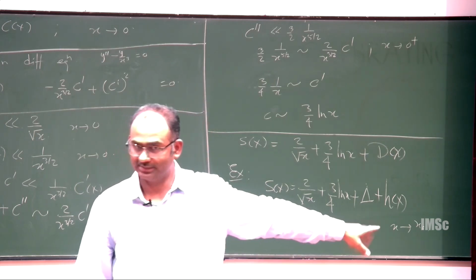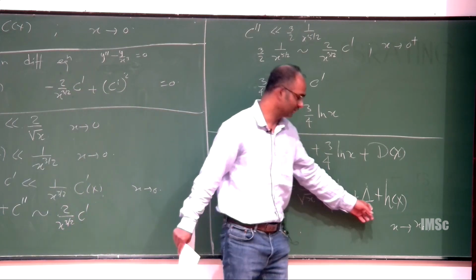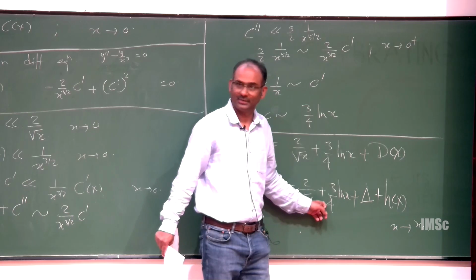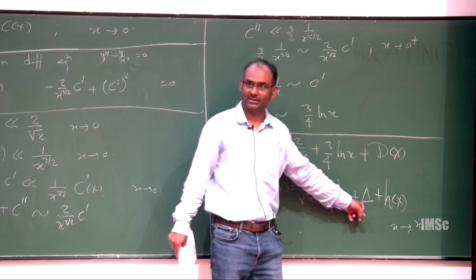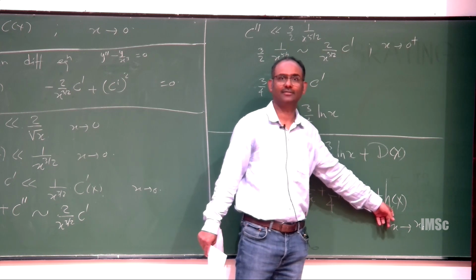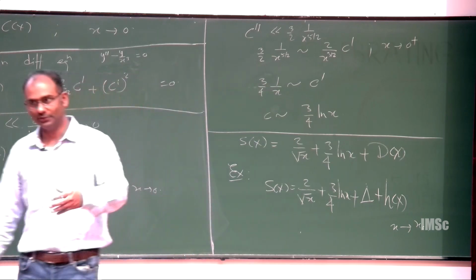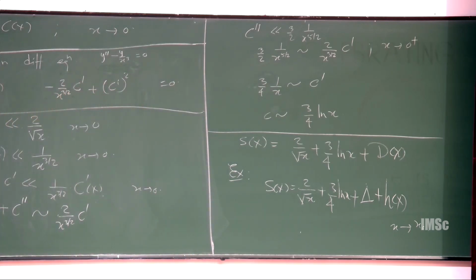Before h of x, all other terms, neither of these were going to 0, rather they were singular. Then at some point you end up with a constant, and then the corrections have behavior that they vanish as x goes to 0. That's what you will get. And in fact, you can determine what h of x would be, again repeating the same argument.